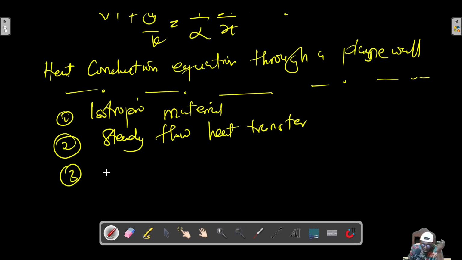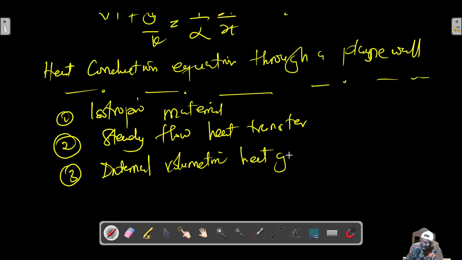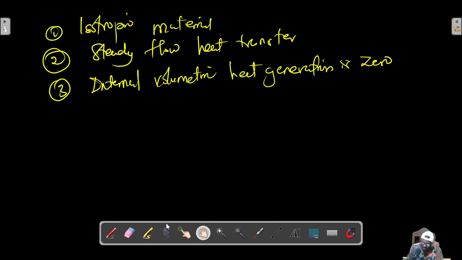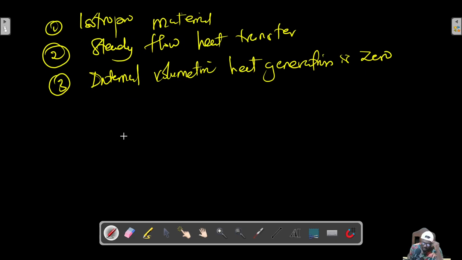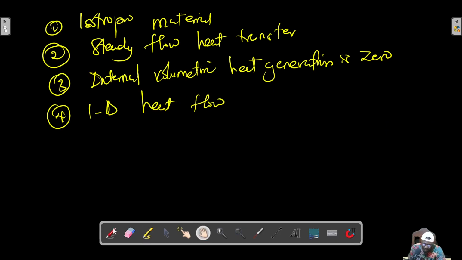That no heat is generated within my control volume. So I should say the internal volumetric heat generation is 0. Then it is a one-dimensional heat flow.